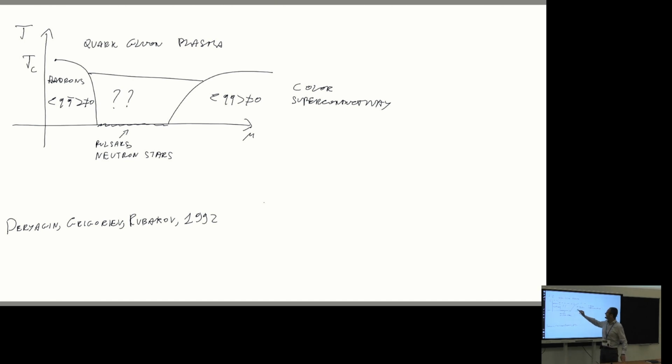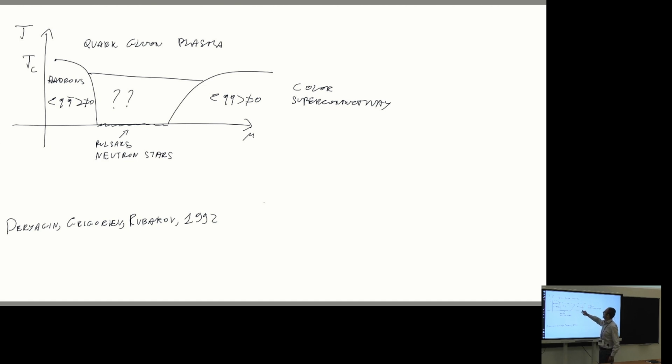You mean this line? No. This line is just a cartoon, so we really don't know whether it is a crossover, first order, second order, any idea. What we know is that for actual QCD, at zero density, there is a crossover with the deconfinement transition. Again, this is a cartoon.